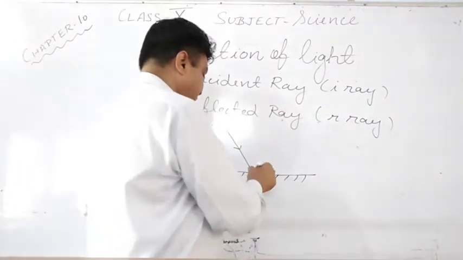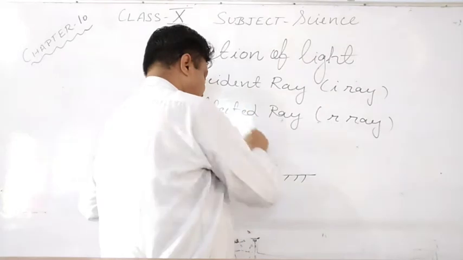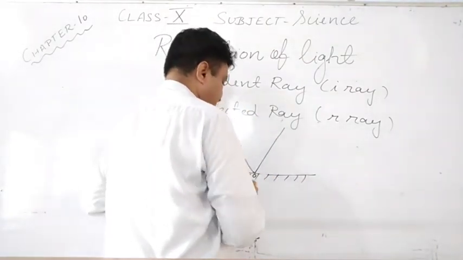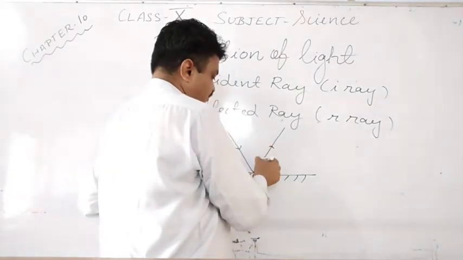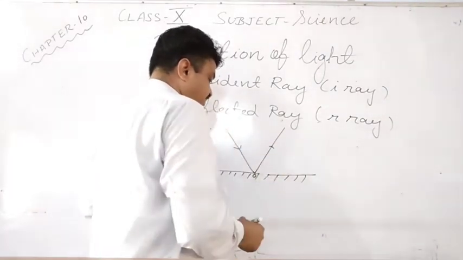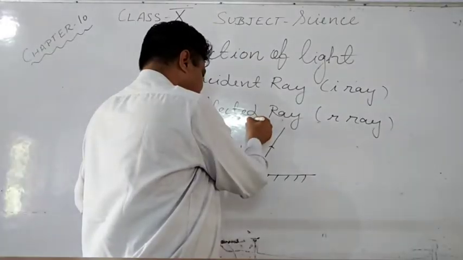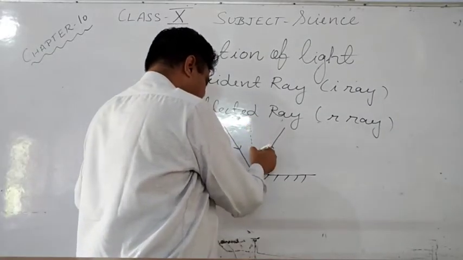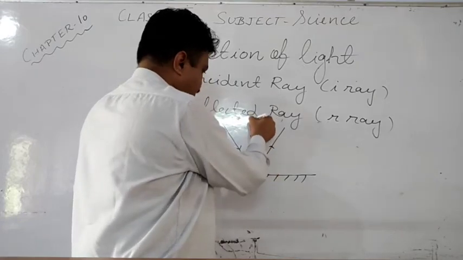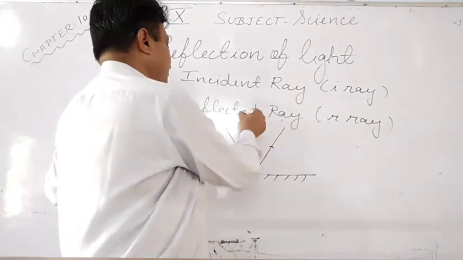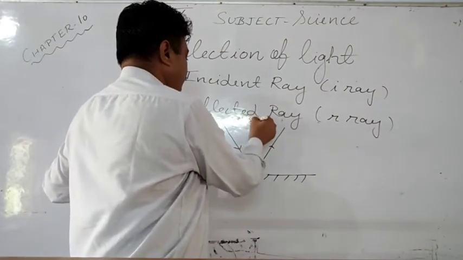These rays are reflected back from the object, and they are known as reflected rays. In the middle there is one imaginary line, the normal, at which we observe the reflection. That is known as the normal.